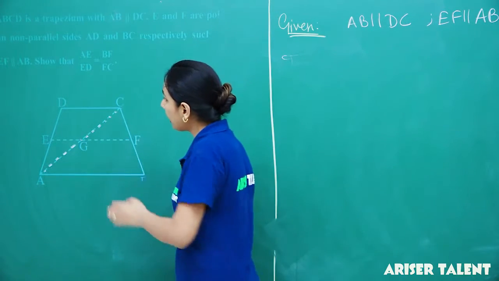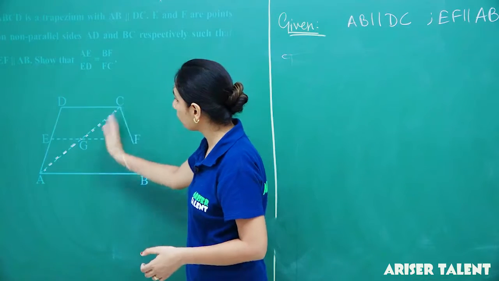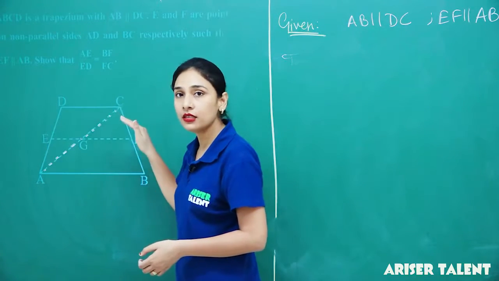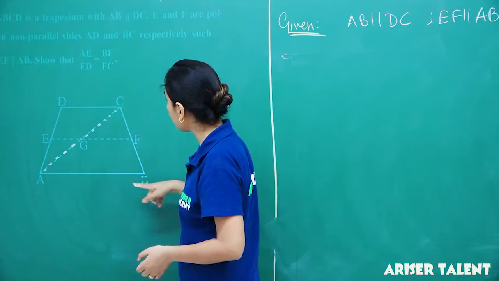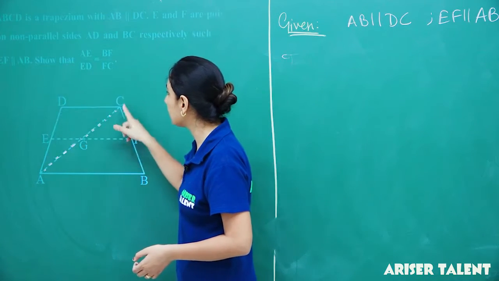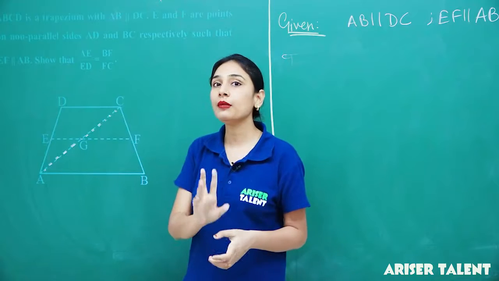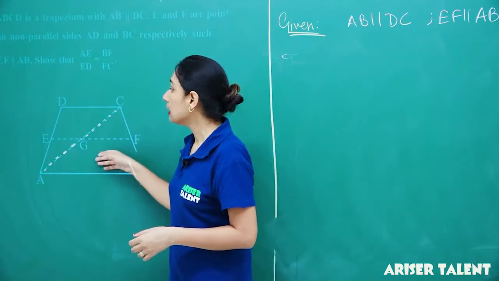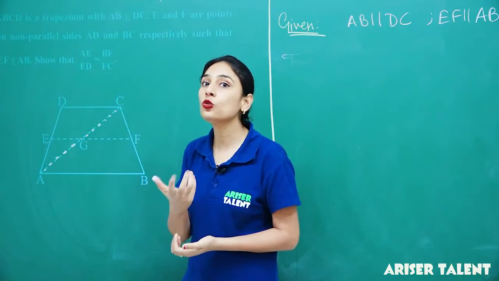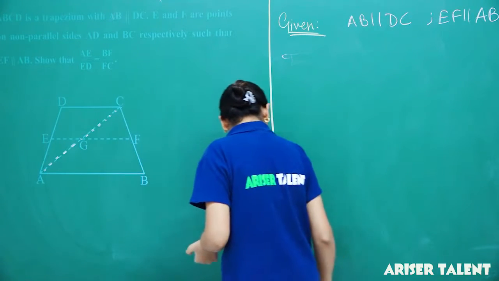So, what we get from this, we have got two triangles. One triangle is ACB and the second triangle is ADC. Now, what we can do? We can apply Thales theorem to this triangle and we can apply Thales theorem to this triangle and can conclude something. Okay, students?